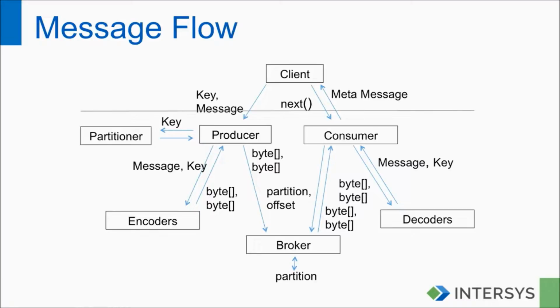Before I leave this chart, I want to make a couple of really important observations that motivate the next design pattern that I want to show you. Notice how the encoders and decoders have to be on the same page, so to speak. The algorithms used by the encoders must be the exact converse of the algorithms used by the decoders. If the key and messages are beans, then the serialization and deserialization methods are still a bit involved, but at least they're separate from the business logic, which marshals and uses the data.